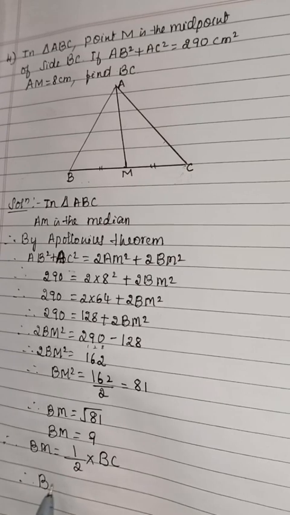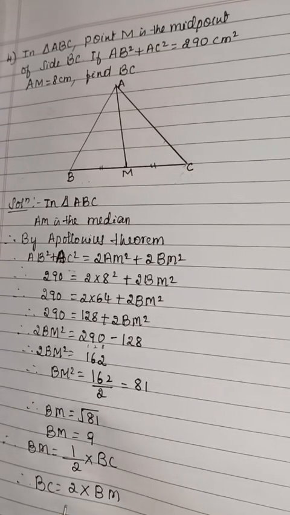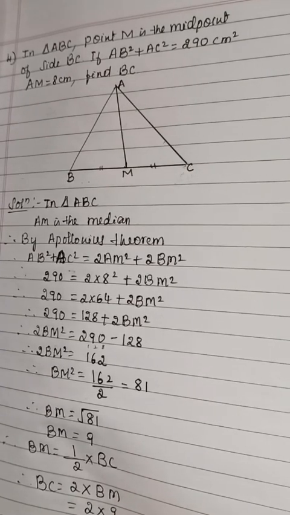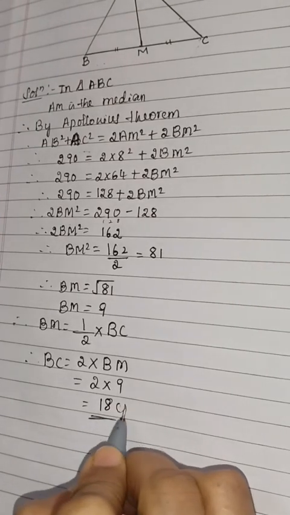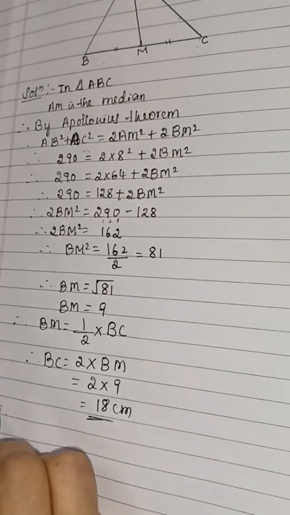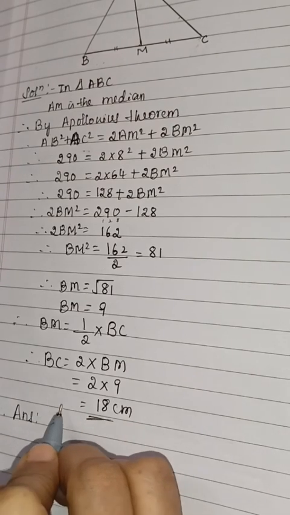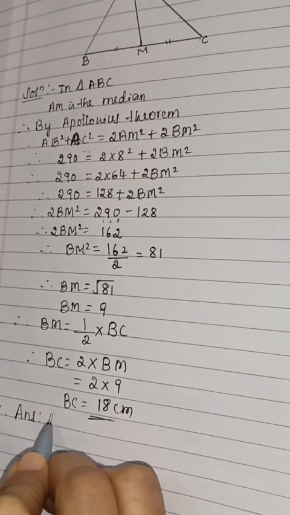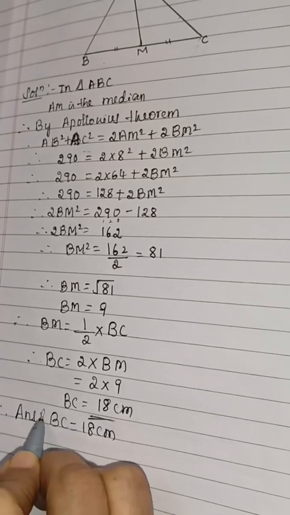Therefore BC is 2 into BM, that is 2 into 9, that is 18. Okay, 18 centimeter. Therefore the answer is BC is 18 centimeter.